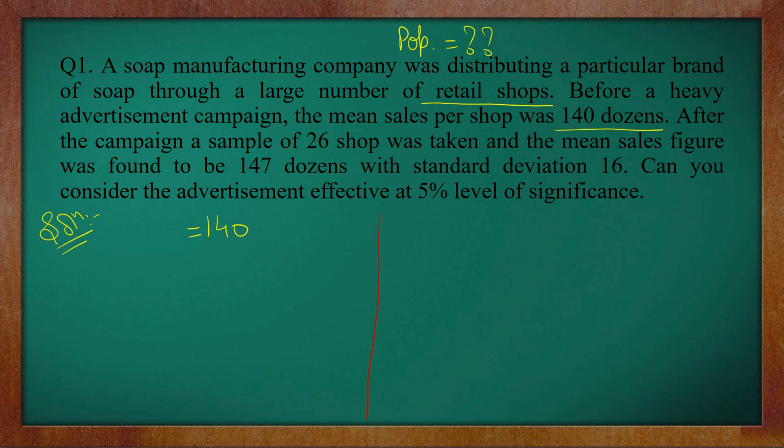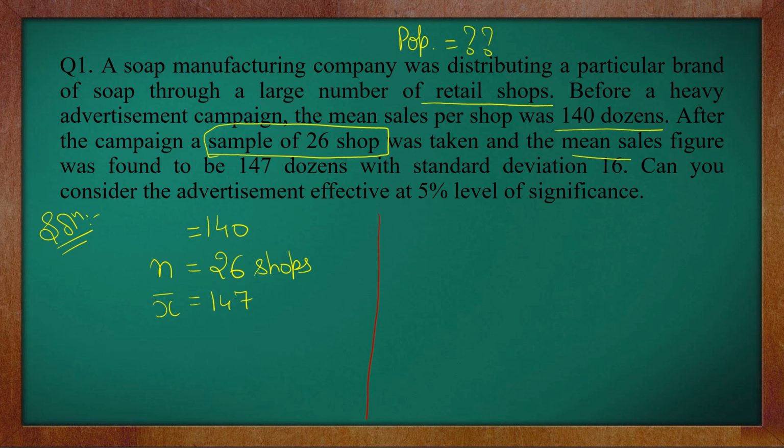After the campaign, a sample of 26 shops. Total how many shops we have? We don't know, but they are just taking a sample of 26 shops. So what is the sample size? 26 was taken and the mean sales figure was found to be 147 dozen. So the mean sale of 26 shops, the sample mean, is 147.